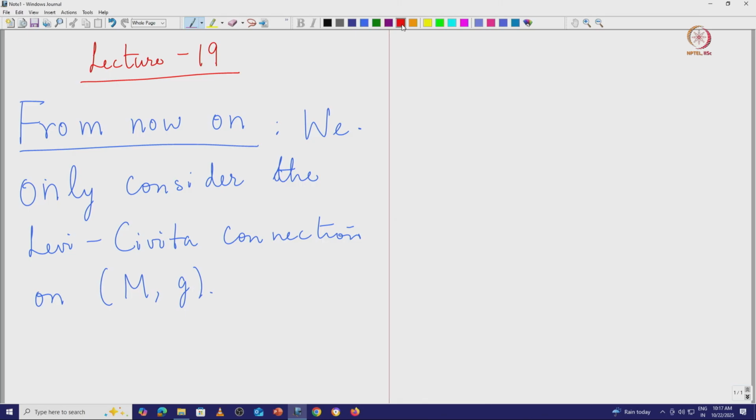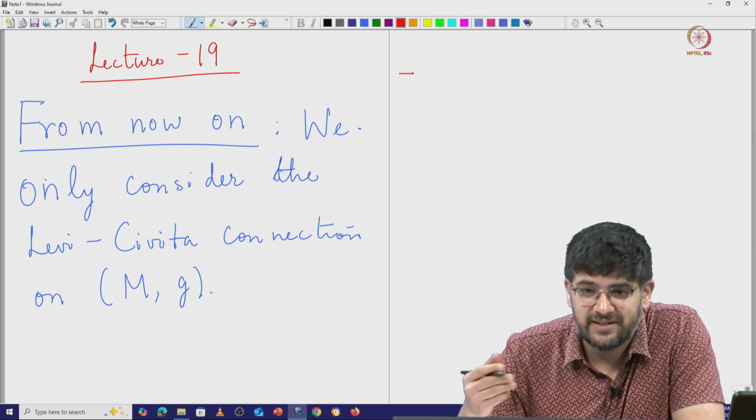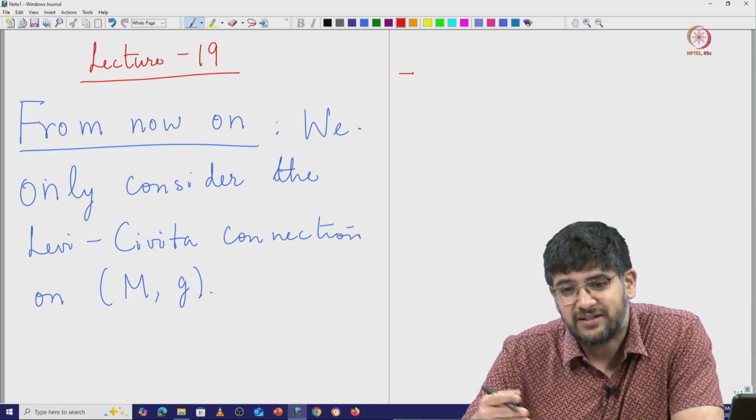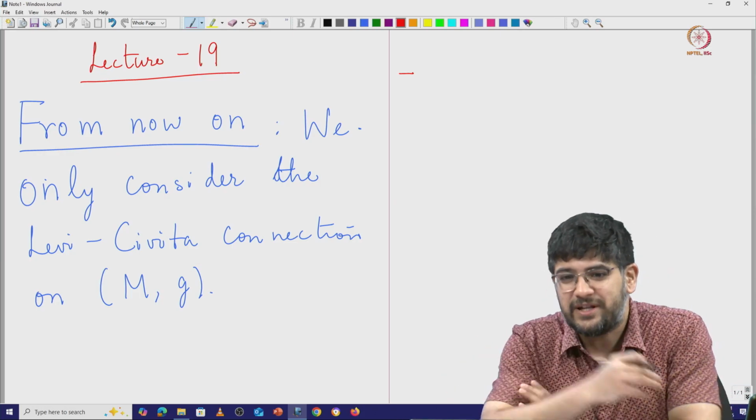All right. So having said that, the purpose of the next few lectures is to finally introduce curvature in a rigorous way and to discuss various properties and various aspects of the curvature tensor. As you will see, the curvature tensor is a very complicated beast.